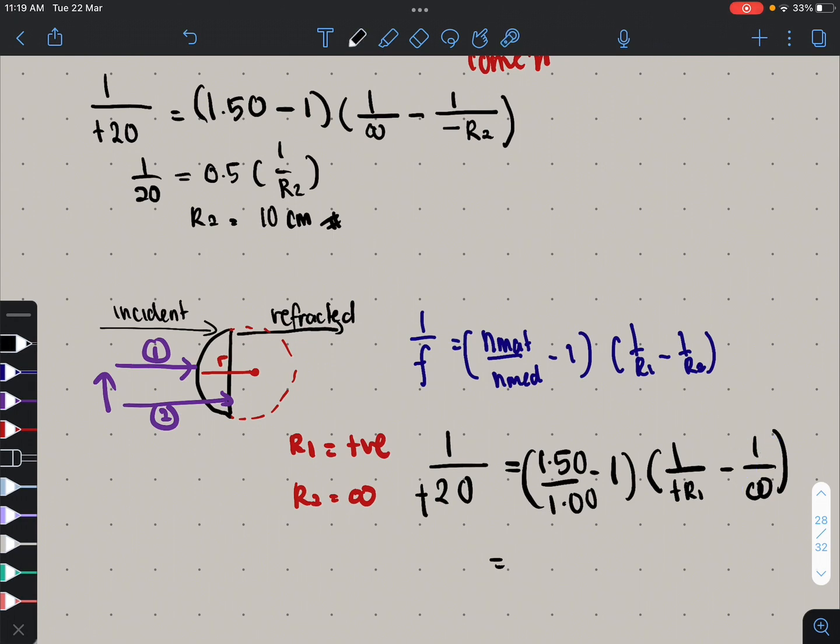So you will end up with 0.5 times 1 over R1 equals 1 over 20, and then R1 equals 10 cm.